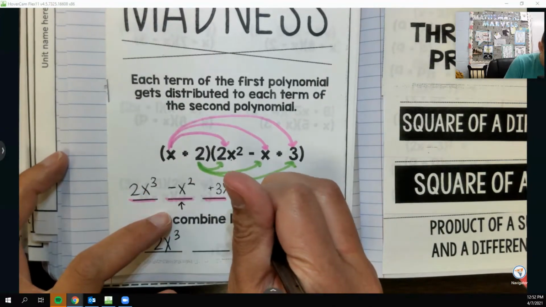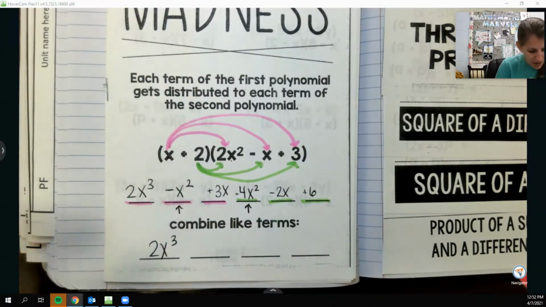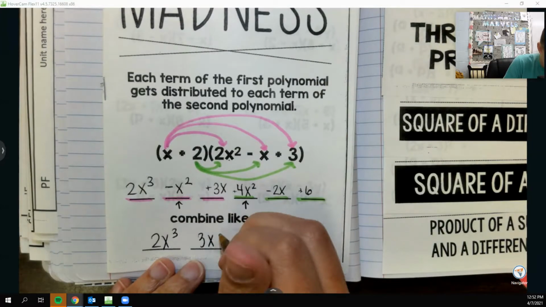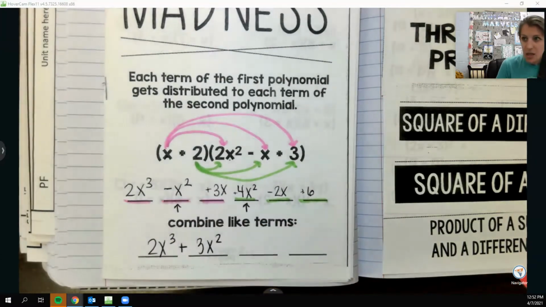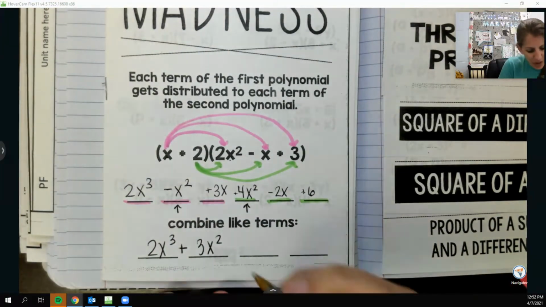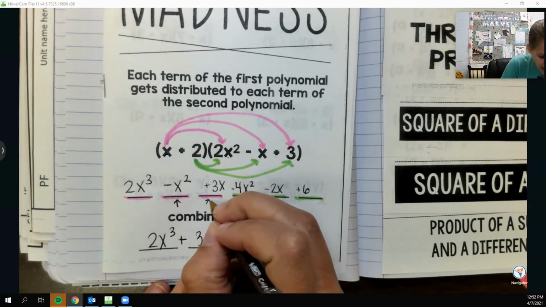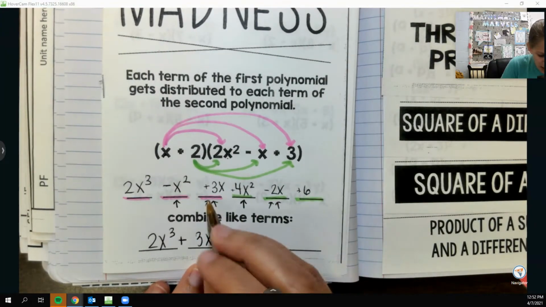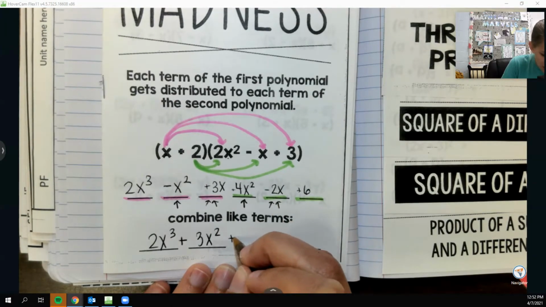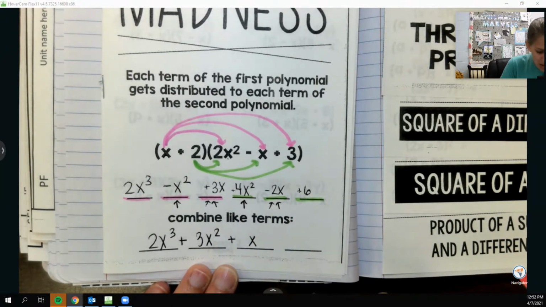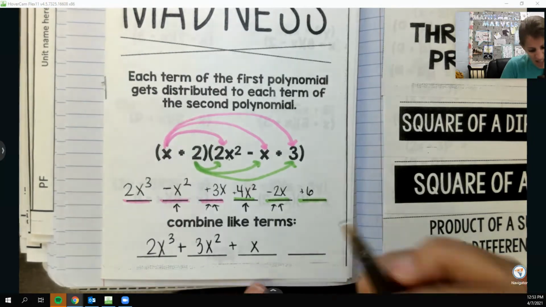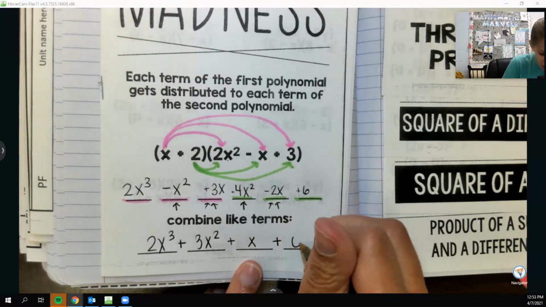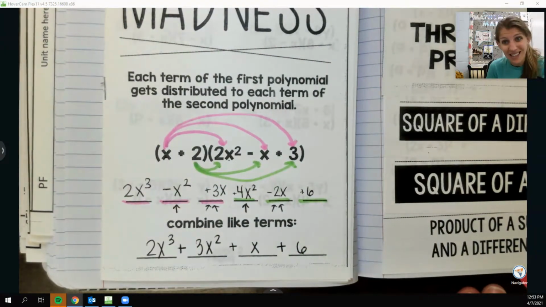So these guys are the same, and we have 3x squared, positive, so plus. Then I'm looking for my x's, and I have 3 x's there and negative 2 x's there for a total of 1x, positive, so plus. And then we have this 6 just chilling on its own, so plus 6. And there's your final answer.